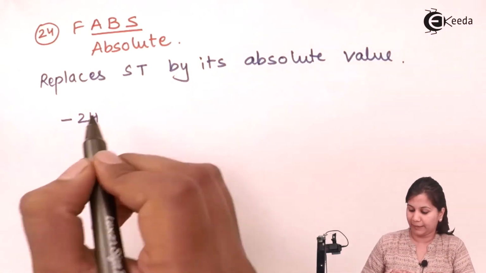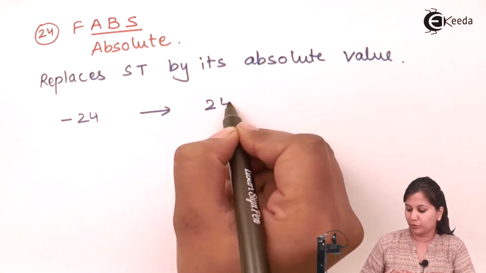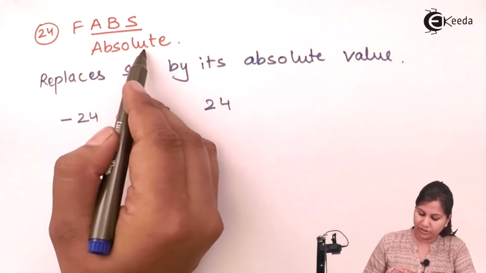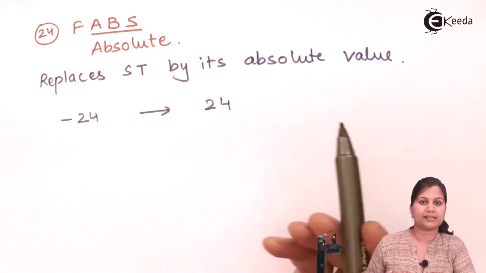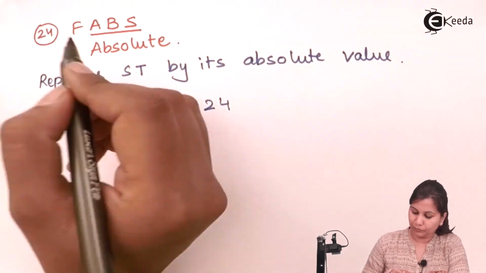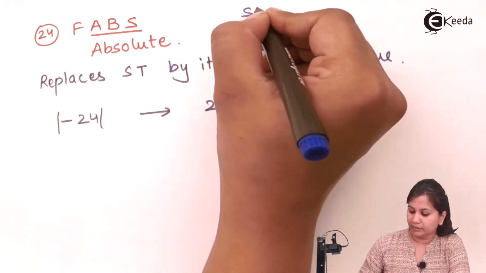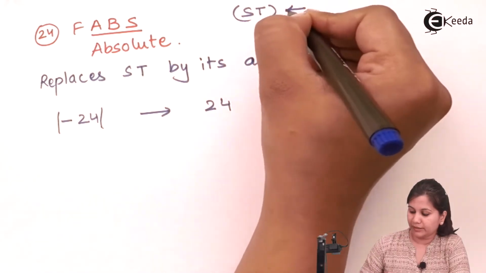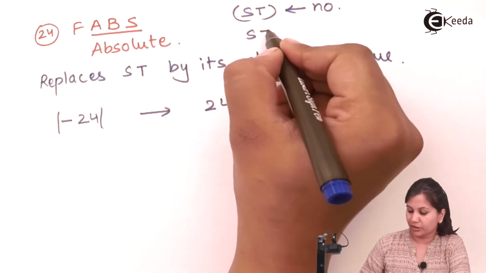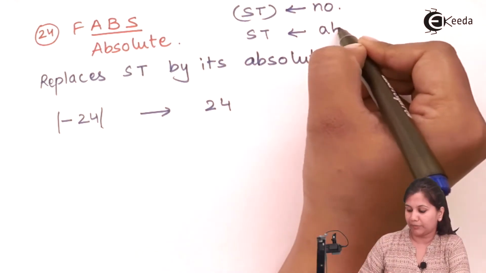After we find the absolute value, the number is going to change to 24. So this absolute instruction simply makes the sign positive. Earlier the number is there in ST. After the execution of this instruction, in ST we will have the absolute value.